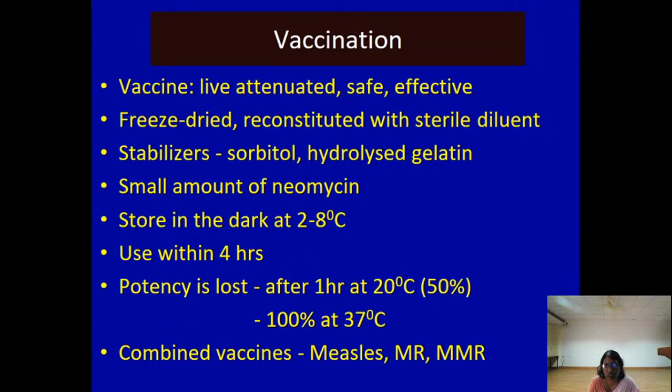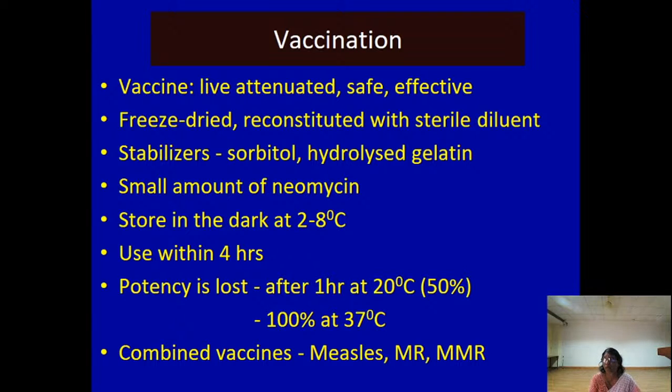Otherwise, the potency is lost after 1 hour. If the temperature is very high, that is at 20 degrees, 50% of it is lost. And if you keep at 37 degrees centigrade, 100% potency is lost.